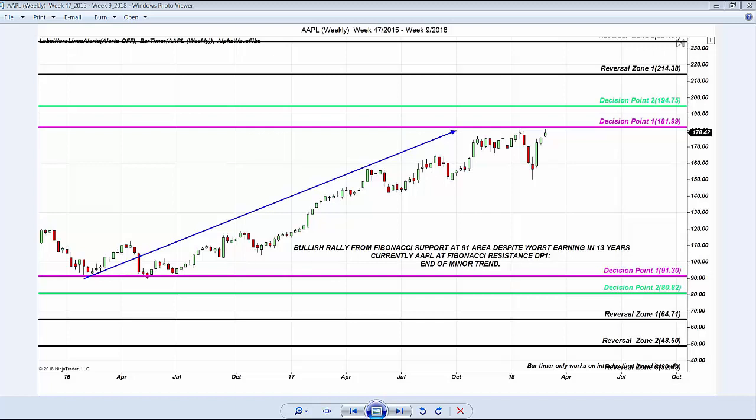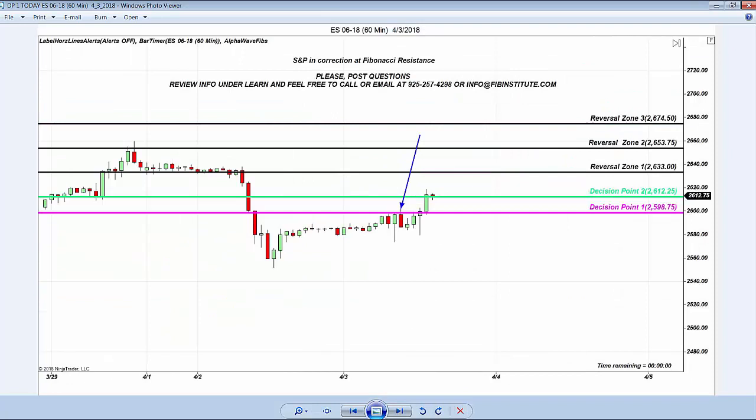Identical strategy except on S&P E-mini future, which again is what S&P had done today. This is the exact same strategy except on your day trading chart. S&P collapsed from the reversal zone at 2660 all the way until this support, where S&P struggled this morning at this resistance, where a short was in play in the trading room.